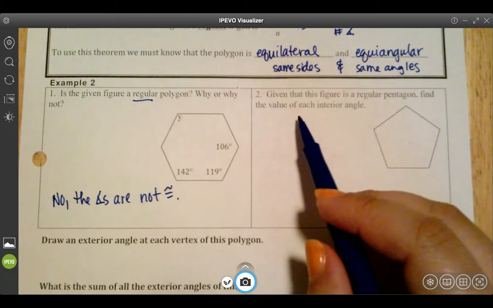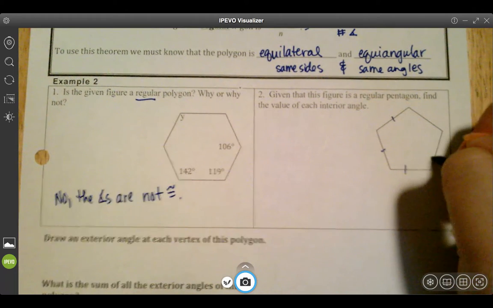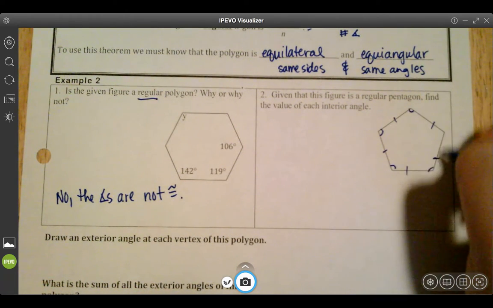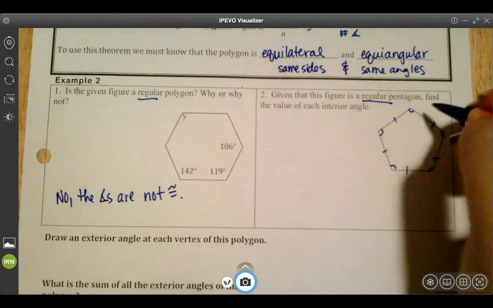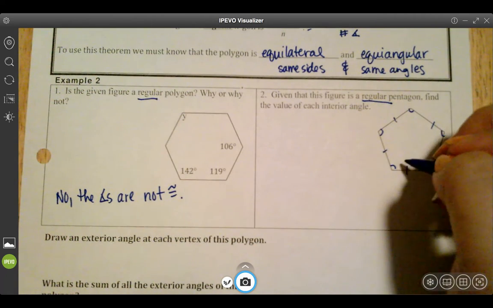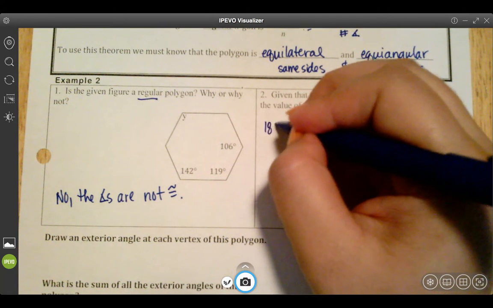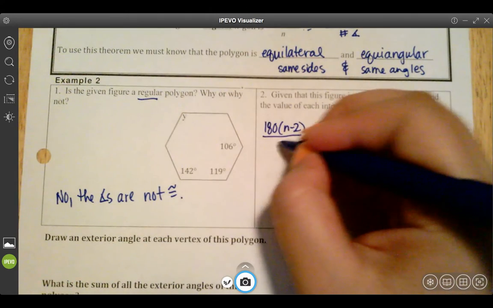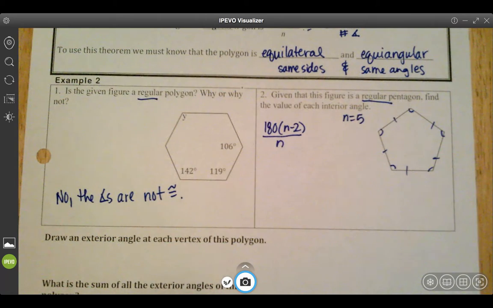Part 2, given that the figure is a regular pentagon, so we know that all 5 sides are congruent. We know that all 5 angles are congruent because of that word regular. Find the value of each interior angle. So in order to do that, we need to know how many angles there are and also their sum. So we can say 180 times n minus 2 gives us the angle sum, divided by how many angles there are, and this time n equals 5 for a pentagon.